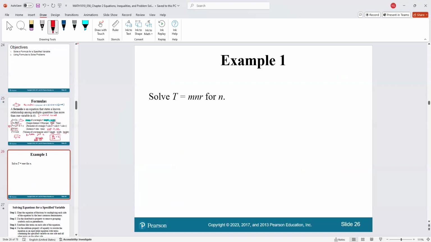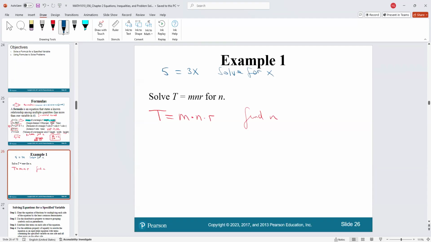So what they ask you to do here is to solve that formula. You see you have the formula T equal M times N times R. They ask you to solve for N, find N. So in order for me to find N, because solving, let's say if I have 5 equal 3x, and they ask me to solve for x, what would you do?